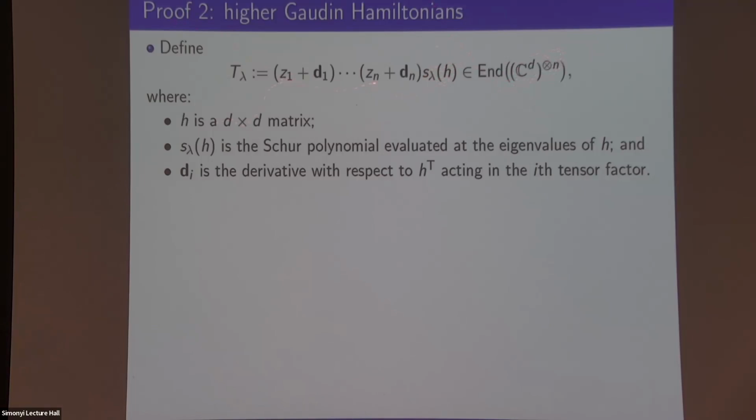These z1 through zn are just complex numbers from before. And these bold D's are matrix derivatives. Bold D sub i is the transpose of the usual matrix derivative, which acts on the ith tensor factor of this tensor product.